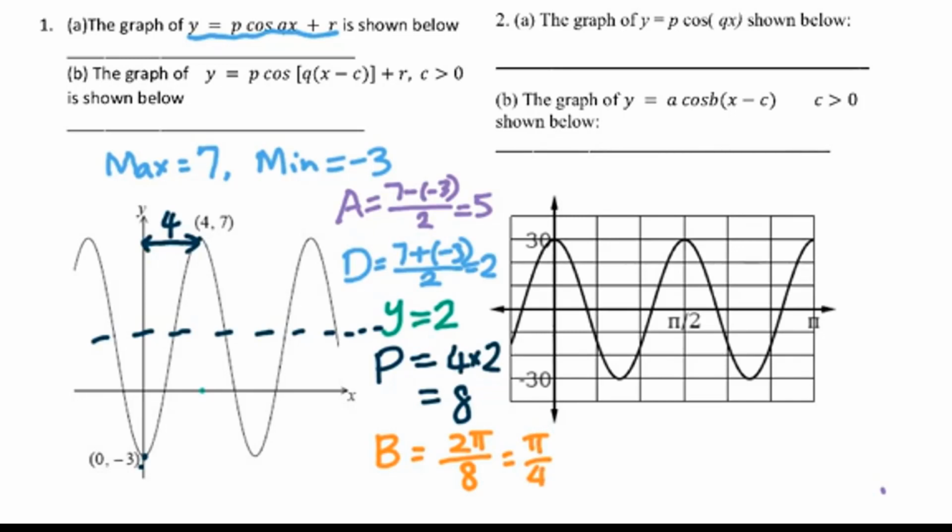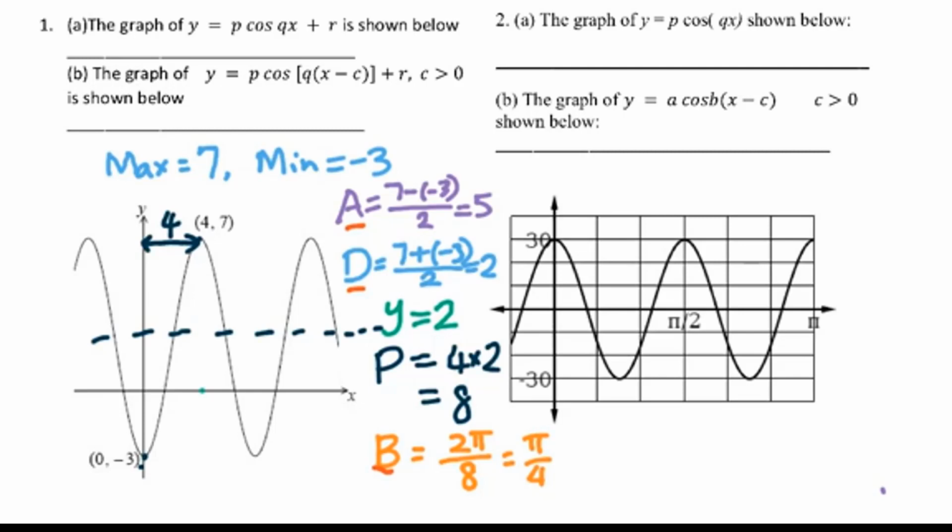After we figure out a, d, and b, it's time to get c. For the c part, you have to analyze the given pattern of sine or cosine function. We got this pattern that's p times cosine qx plus r.